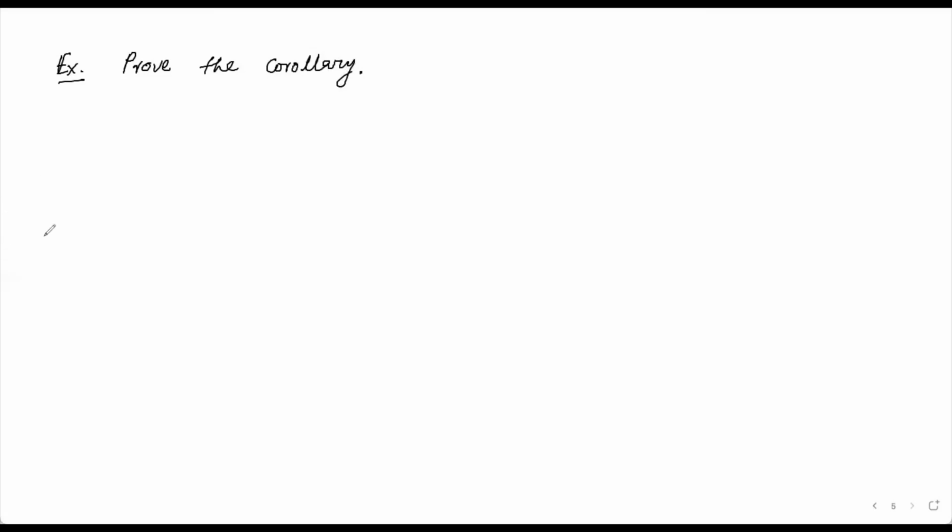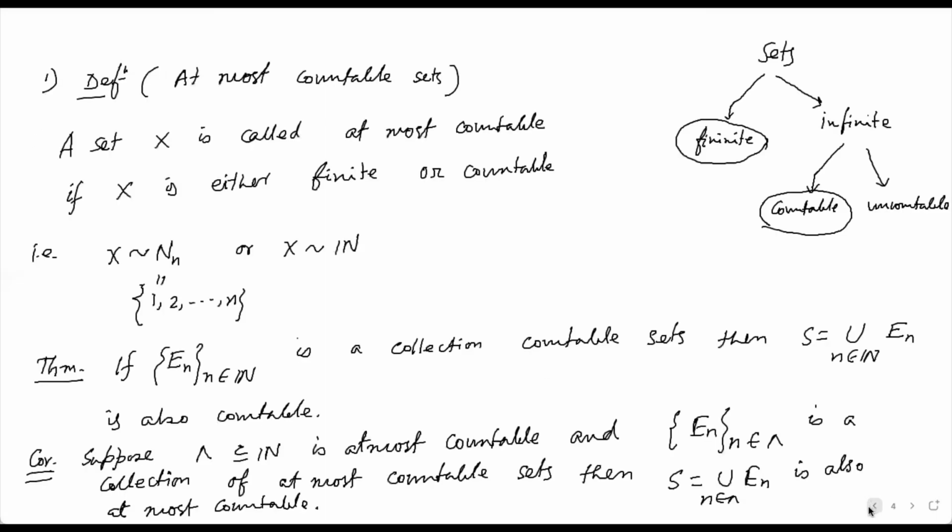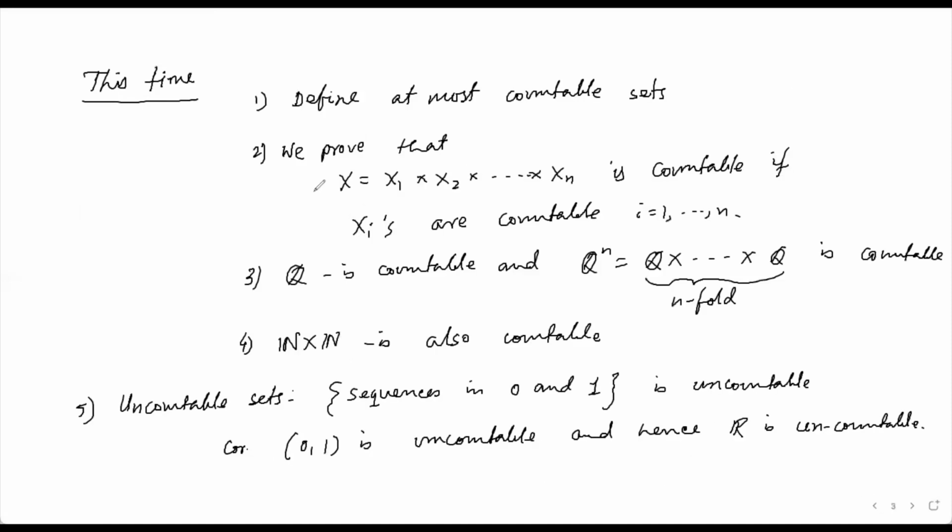Now we move to the next item. Basically, we prove that a finite Cartesian product of countable sets is again countable.